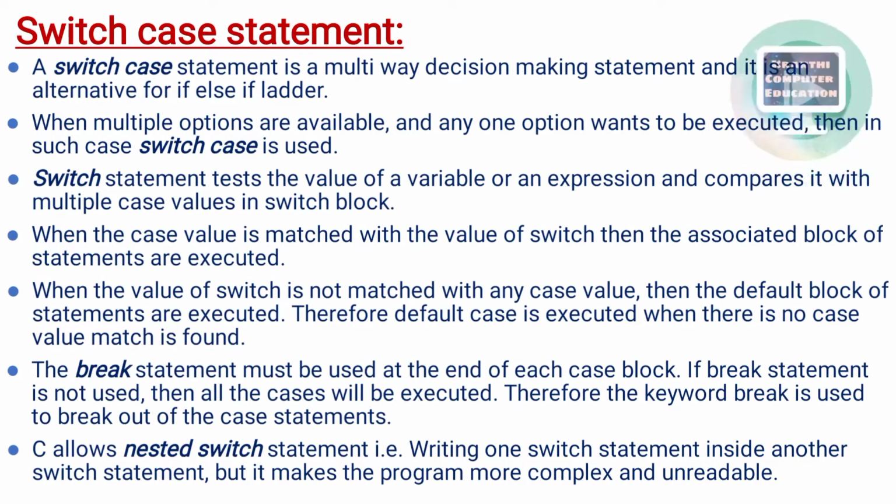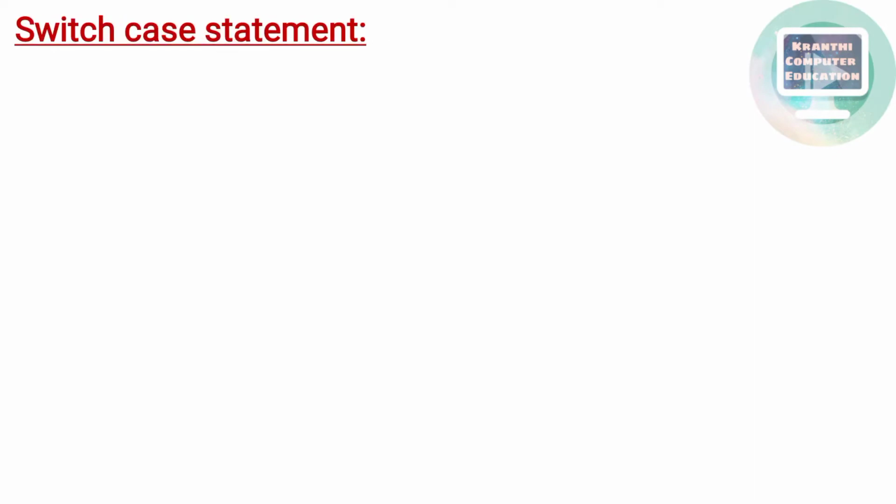Next we will see the syntax for the switch statement. Here is the syntax: switch, expression or variable. Here we can pass either an expression or a variable to the switch statement. Next, opening brace. Next, case value 1 colon, statements semicolon, break semicolon.